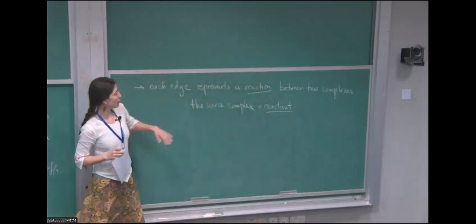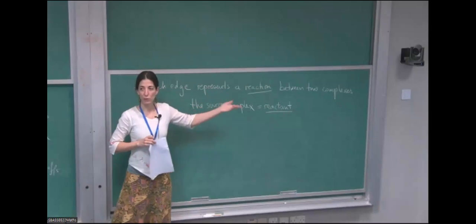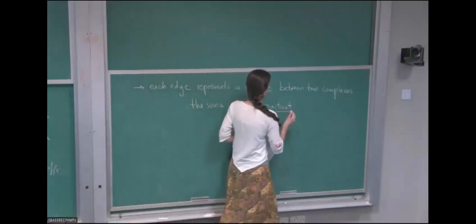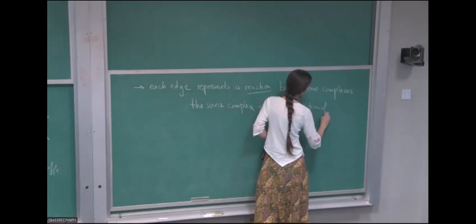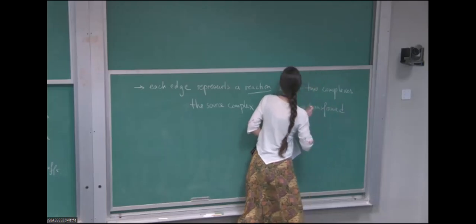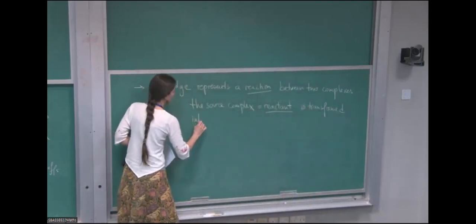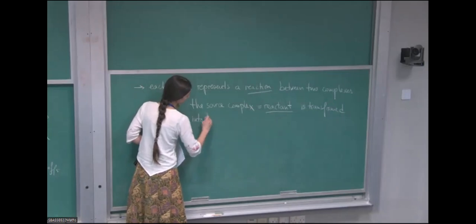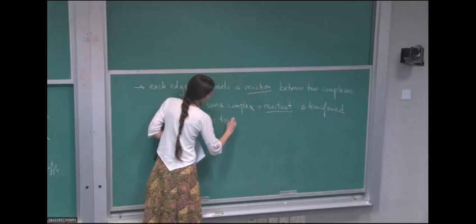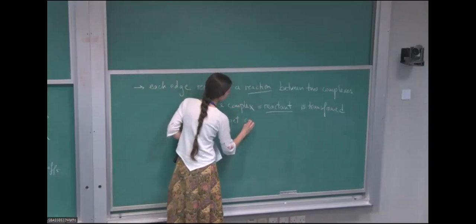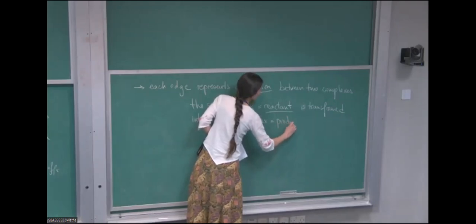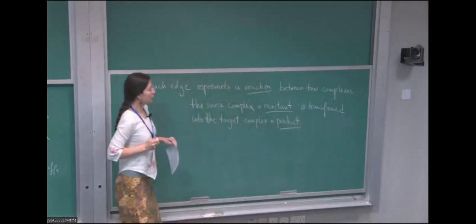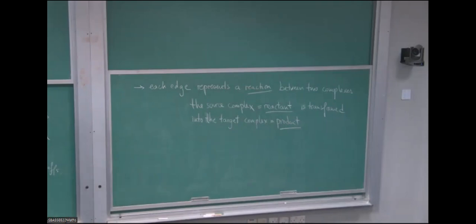And these reactants, by this interaction, get transformed into the product. So a reaction network is just a graph in this sense.